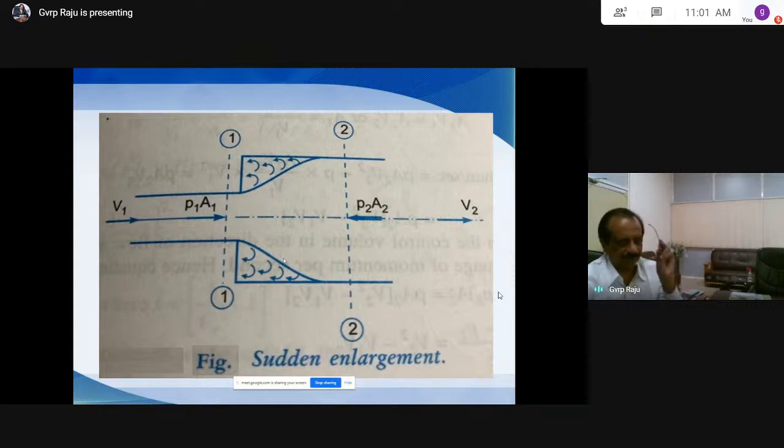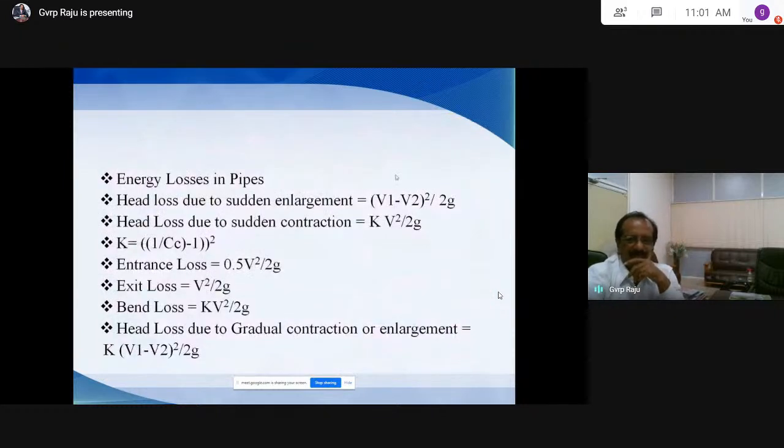Now the head loss due to sudden enlargement, the equation is V1 minus V2 whole square by 2g. Try to remember this equation, which is very, very important. Here V1 is the velocity of the water before enlargement and V2 is the velocity of water after enlargement.